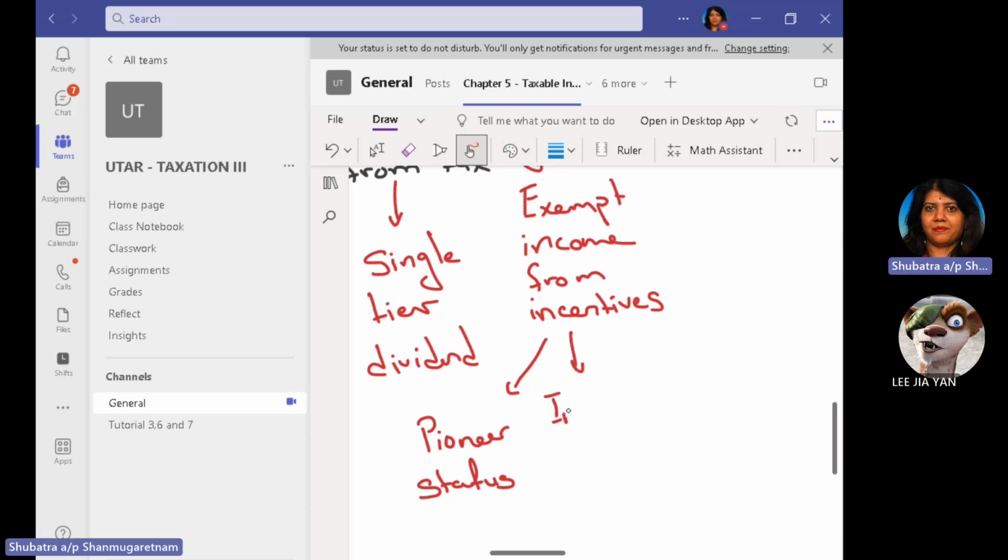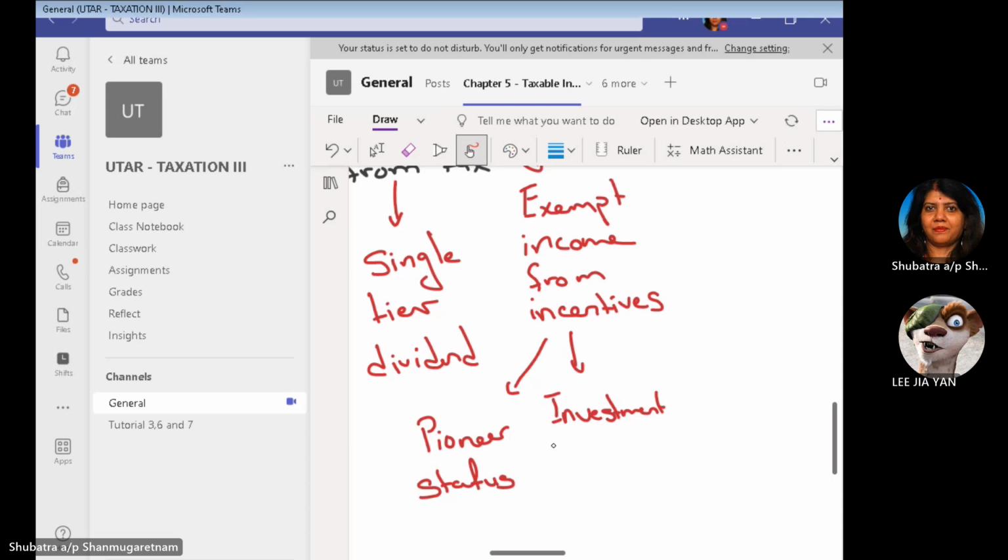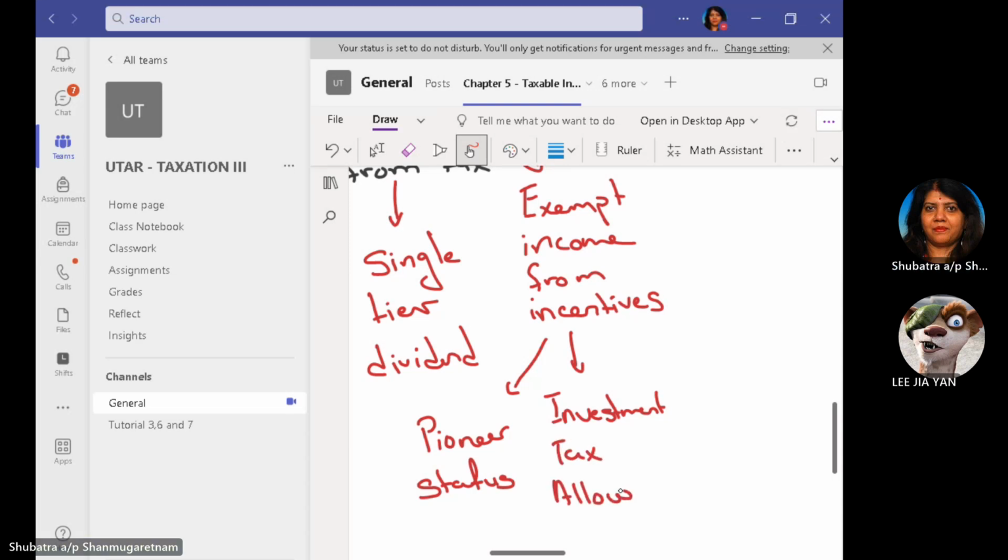Investment tax allowances. Your reinvestment allowances.